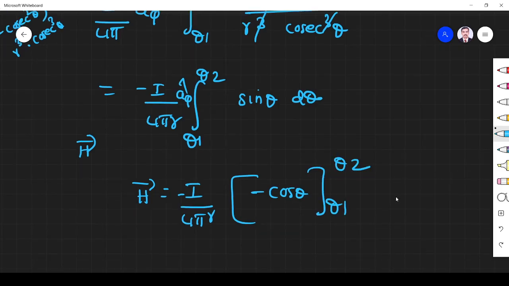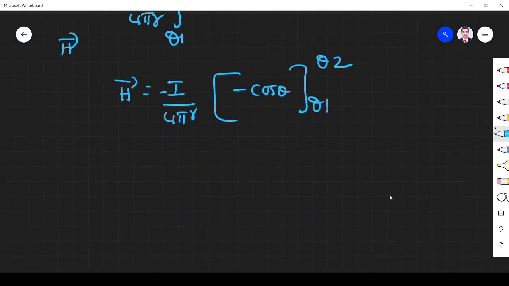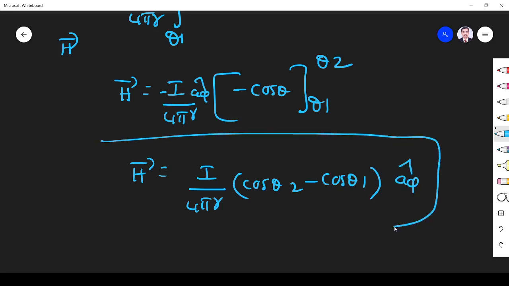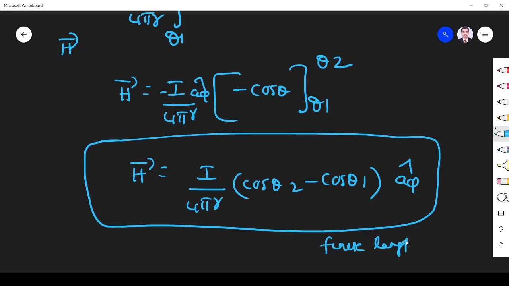If you simplify, you take the minus outside, so H is equal to I by 4 pi R into cos theta 2 minus cos theta 1 into A phi. This is the magnetic field due to a finite length current carrying conductor.